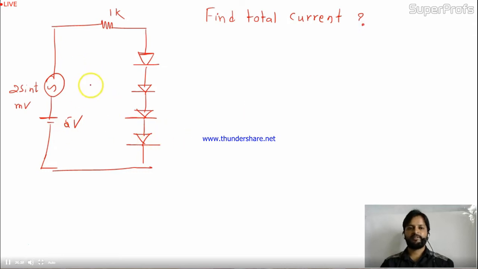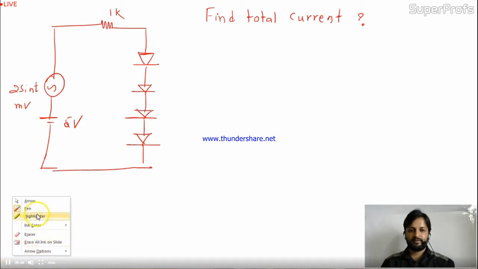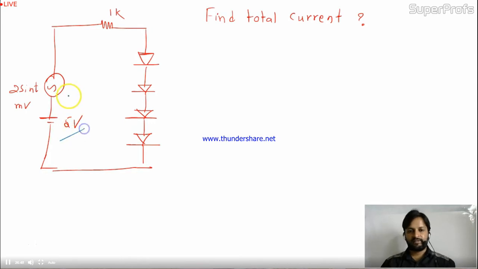Now, if you observe this circuit, you have an AC source as well as a DC source, right? So it means we have to apply the idea for DC and AC both. Why? Because we have diodes in the circuit also.